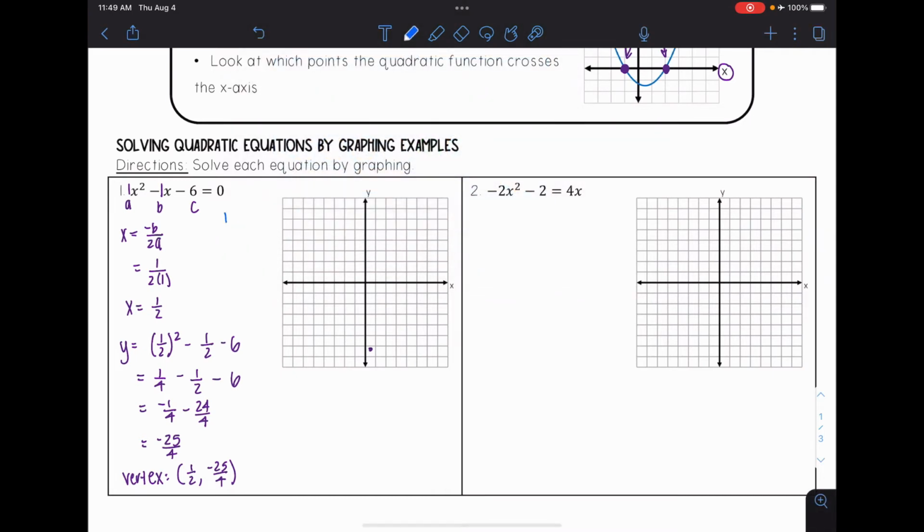So if you recall that 1, 3, 5 rule, that meant I need to multiply everything by a. Here my a is just equal to 1, so that means I'm just following the 1, 3, 5 rule. So I need to go up 1 to the right 1. Then up 3. And up 5.